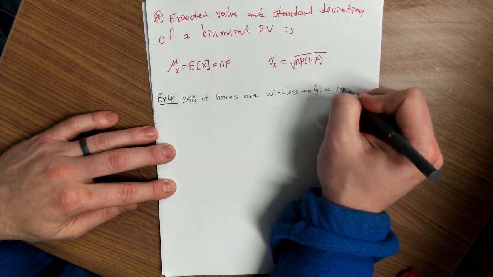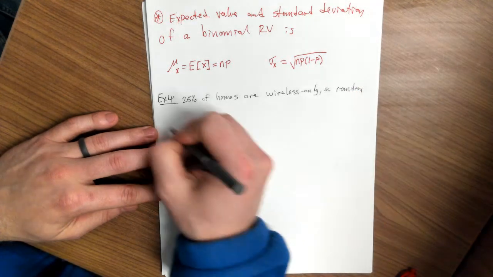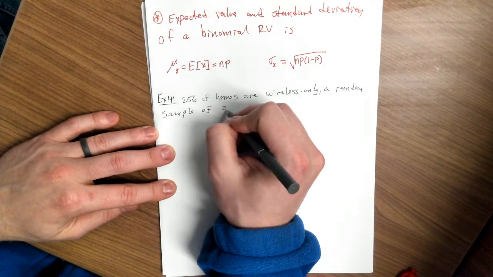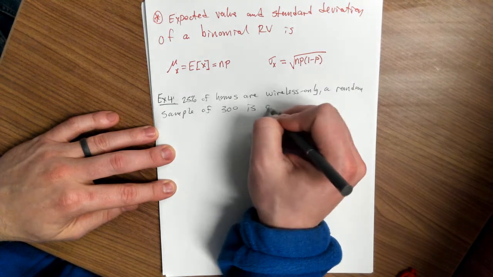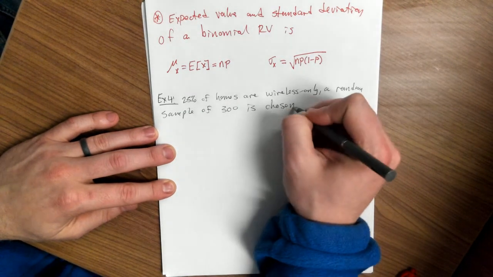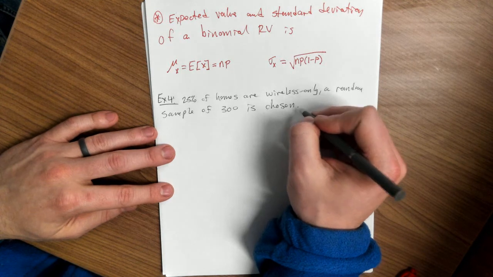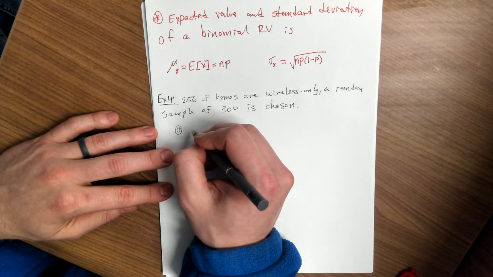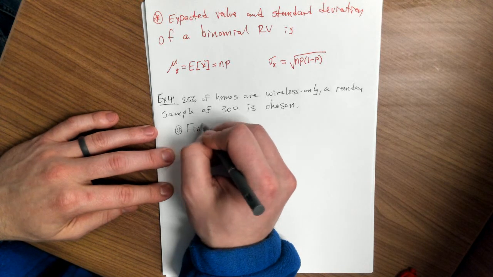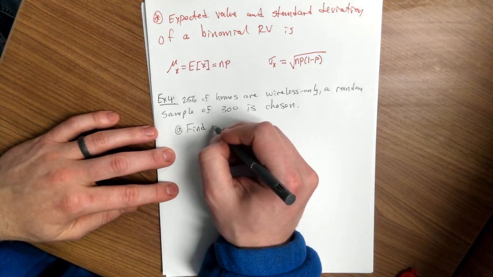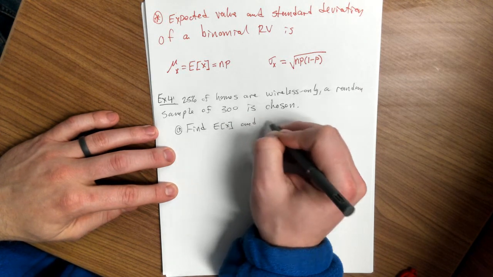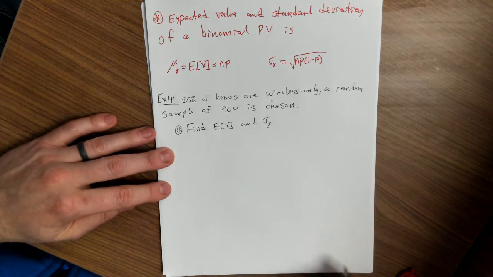A random sample of 300 is chosen. Let's say part A, find the expected value of x and the standard deviation of x.